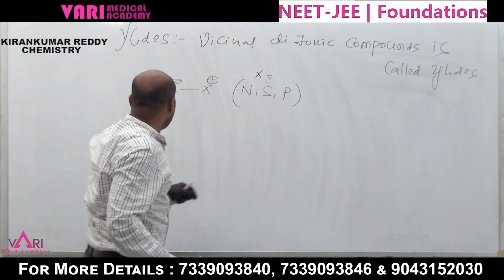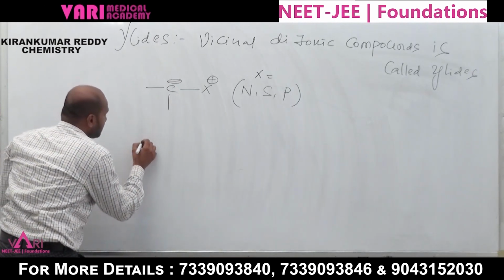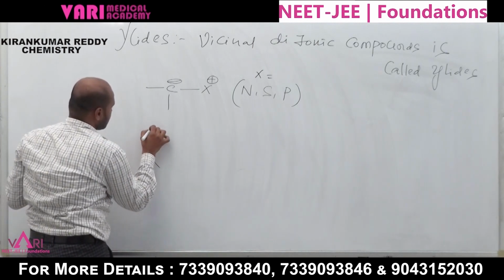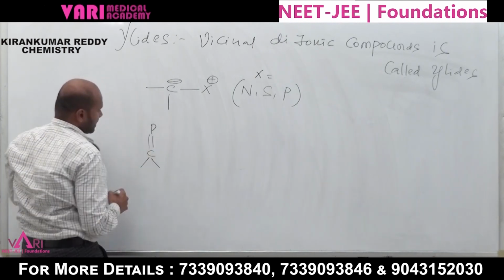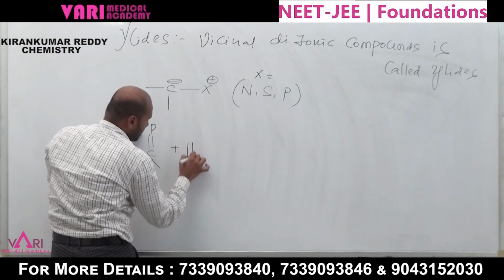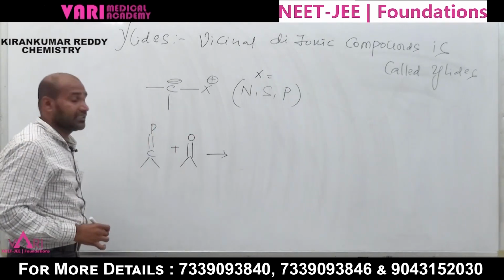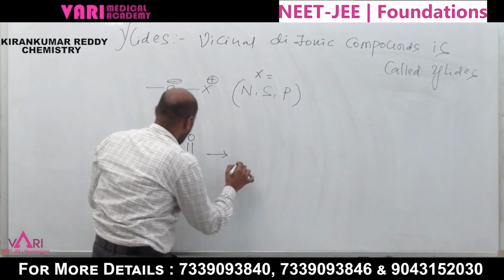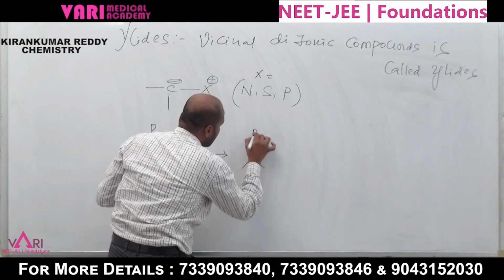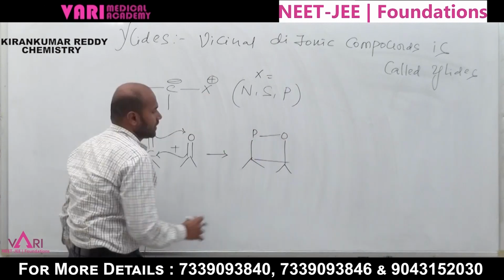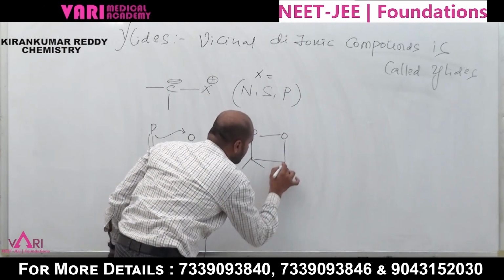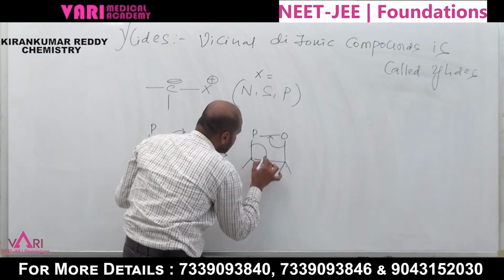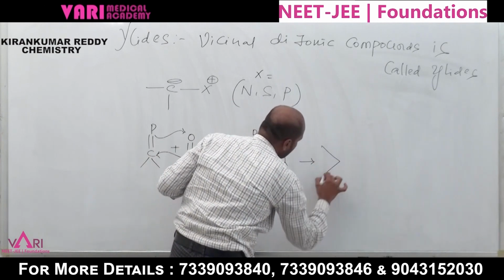Now take triphenyl phosphine, for example, with C double bond O, here is phosphorus. Now it reacts with an aldehyde or ketone, and this bond is shifted like this to form a bond between phosphorus and oxygen. Now this bond is shifted like this and that bond like this to form the product.